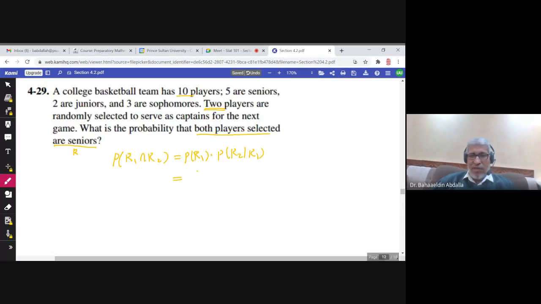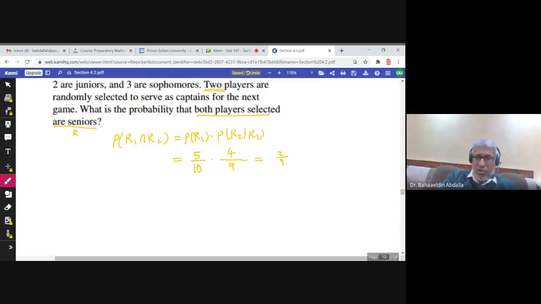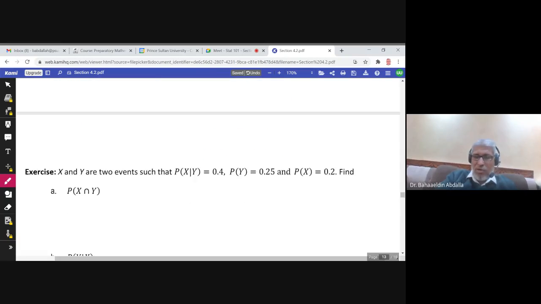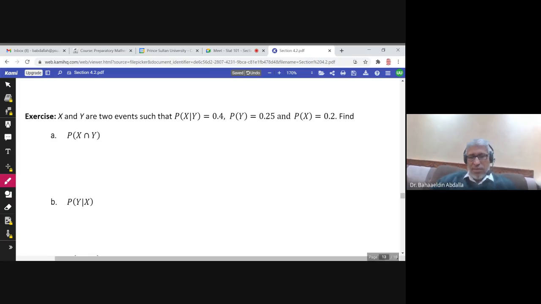Well, we have 5 seniors over the total number of players, which is 10, times what is the probability of selecting the second player also senior, given that the first is senior? If the first is senior, then we still have 9 players only and 4 seniors. So that would be the answer. Okay, so it's 20 over 90, which is 2 over 9. That would be the answer. If you want to draw a tree diagram, it's no problem. You can do a tree diagram here, or you can just answer as quickly as this.